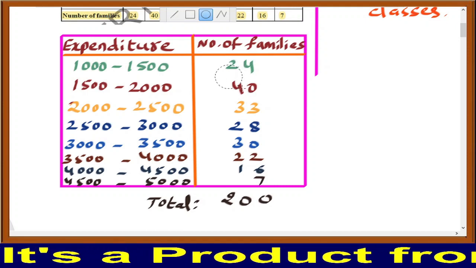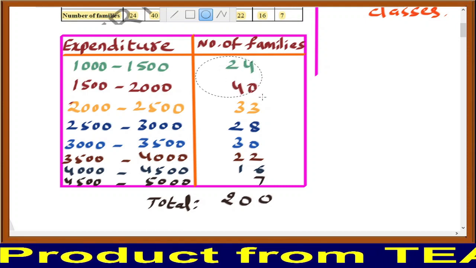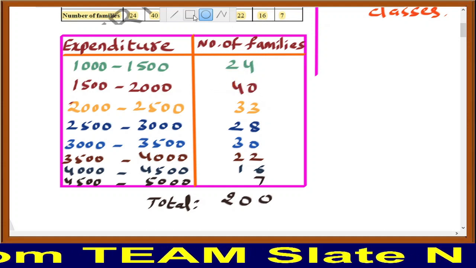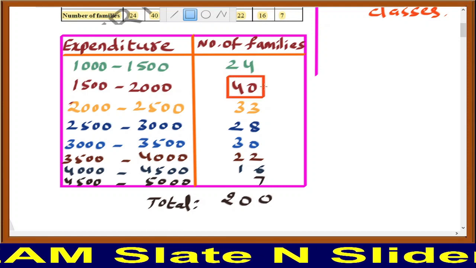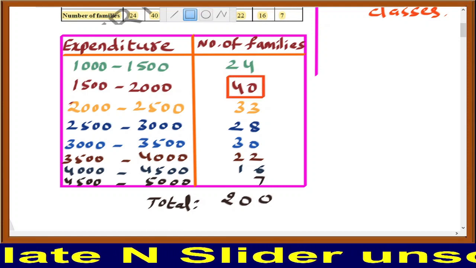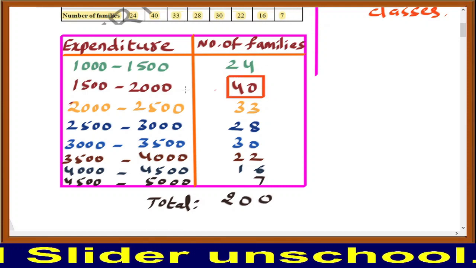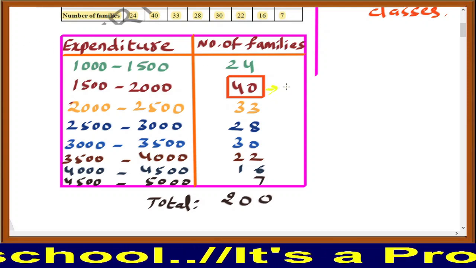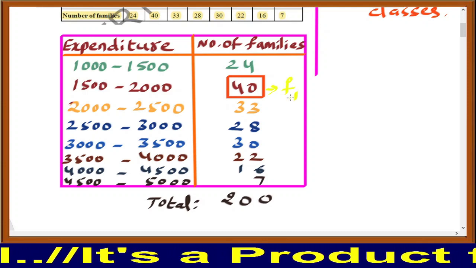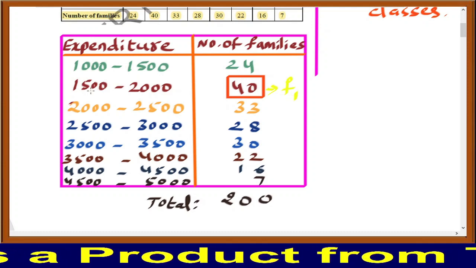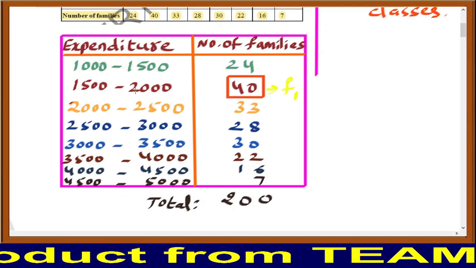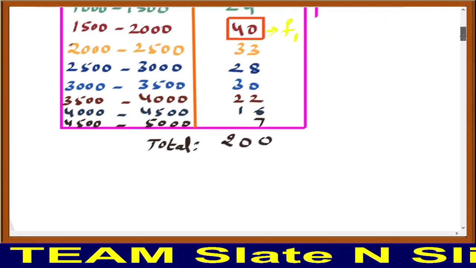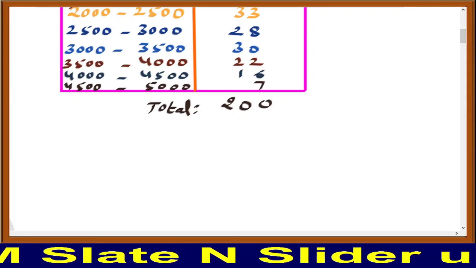So, write this 40 as F1. The highest frequency is F1, and the corresponding class interval, 1500 to 2000, the class interval of the highest frequency, is called the modal class.